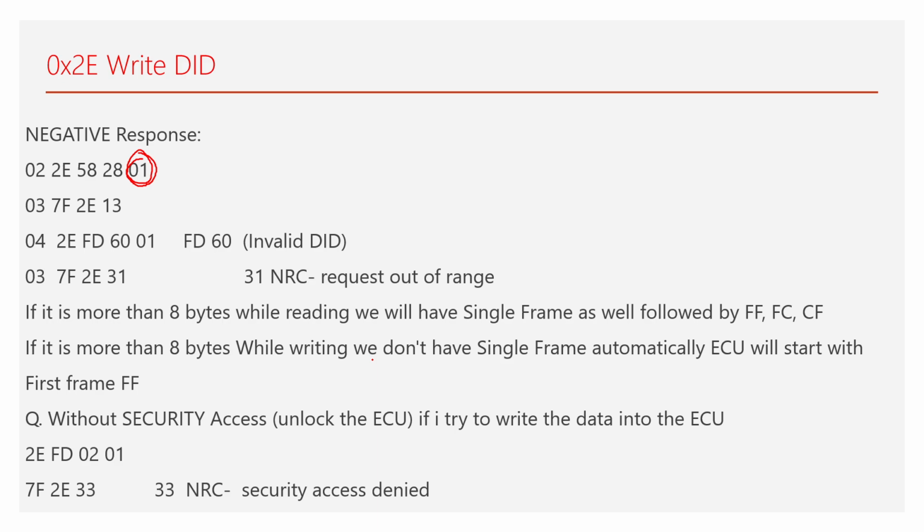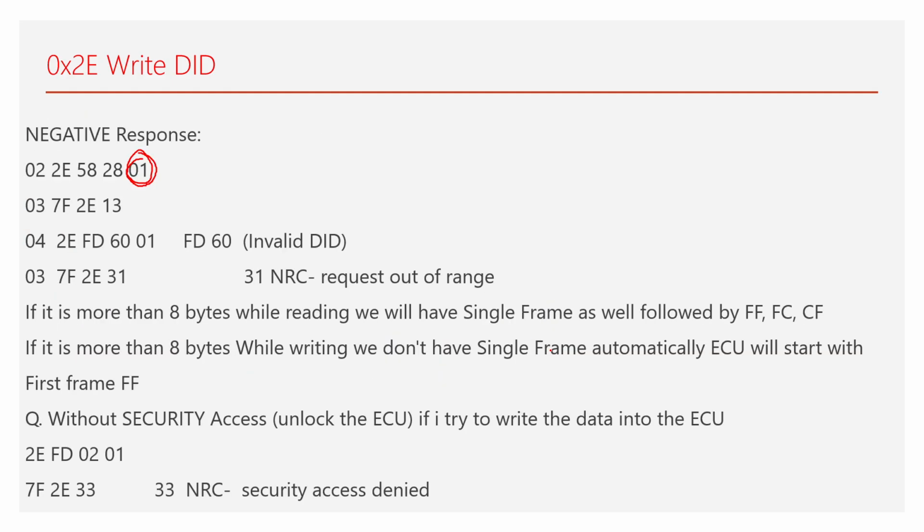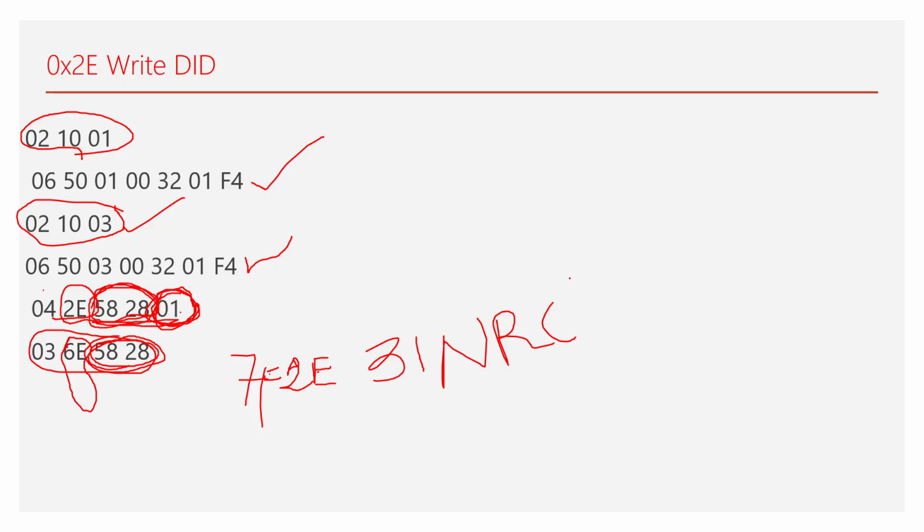So if the DID is not presented, we will get 31 NRC. See here, 31 NRC we will get. In this NRC, request out of range, for example, if the data is not presented in the ECU, it is out of data.